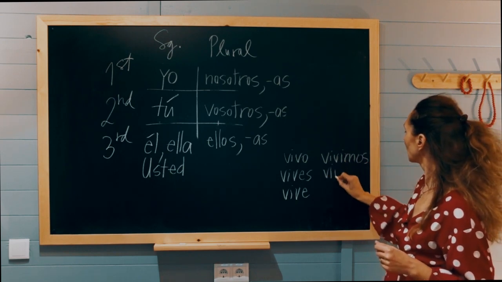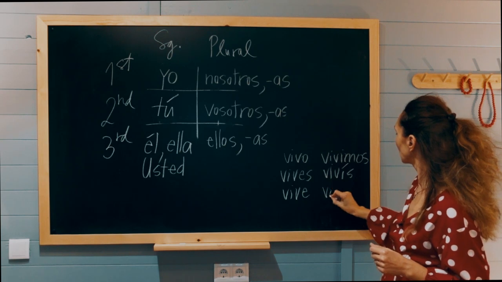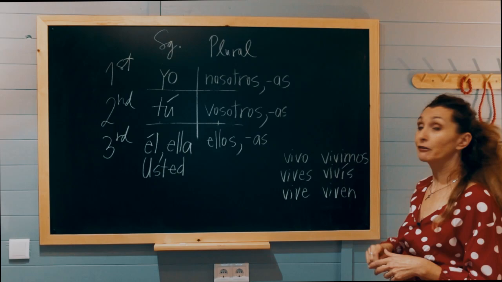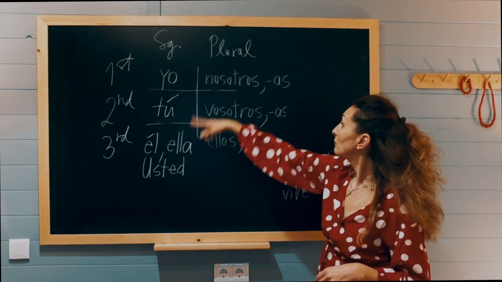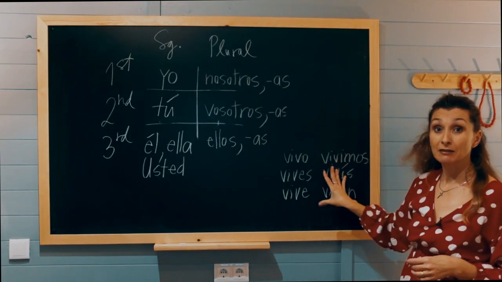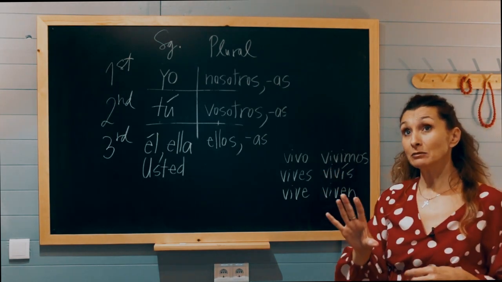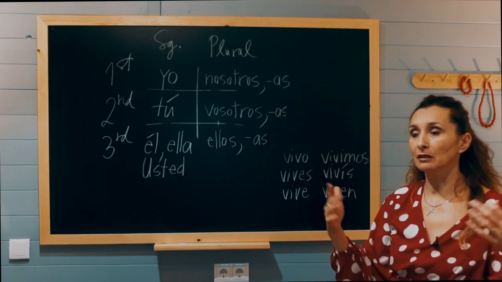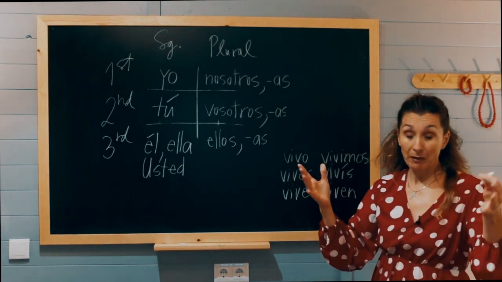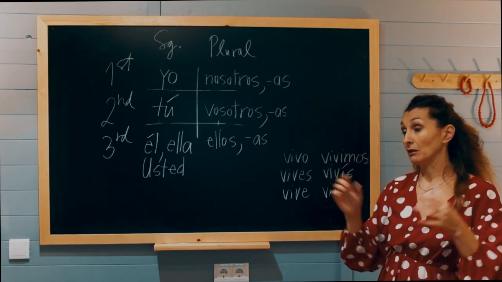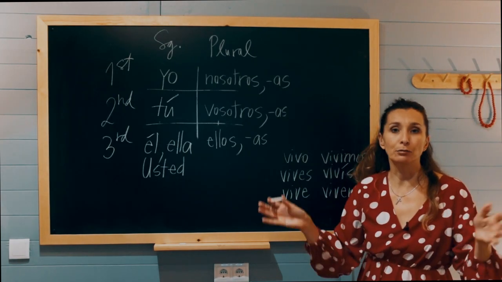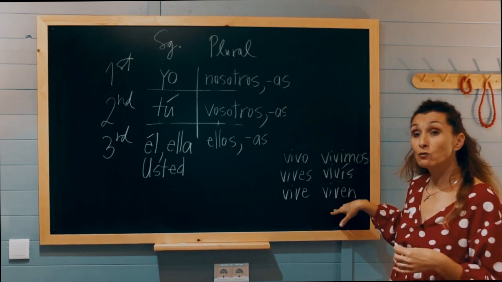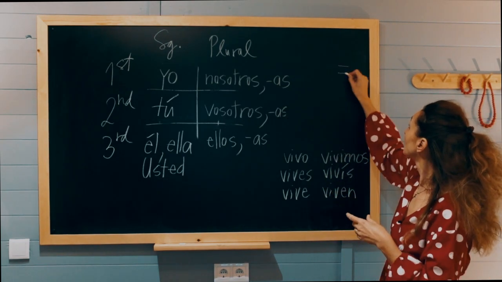Vivimos, vivís, viven. Okay? 6 different forms. This is the grid. Okay? In some textbooks or some material, PDFs, whatever, maybe you find them online, or maybe grammar books or reference books, you will see these 6 forms written like this.